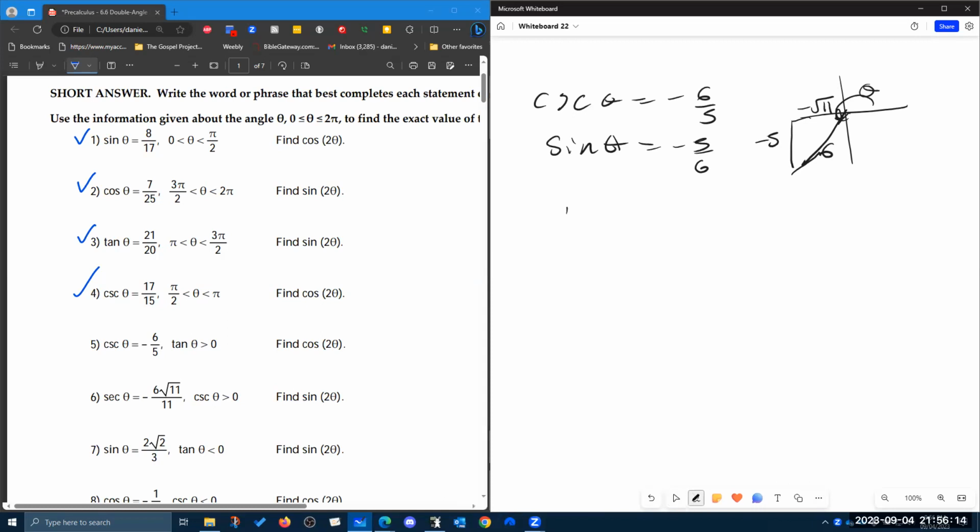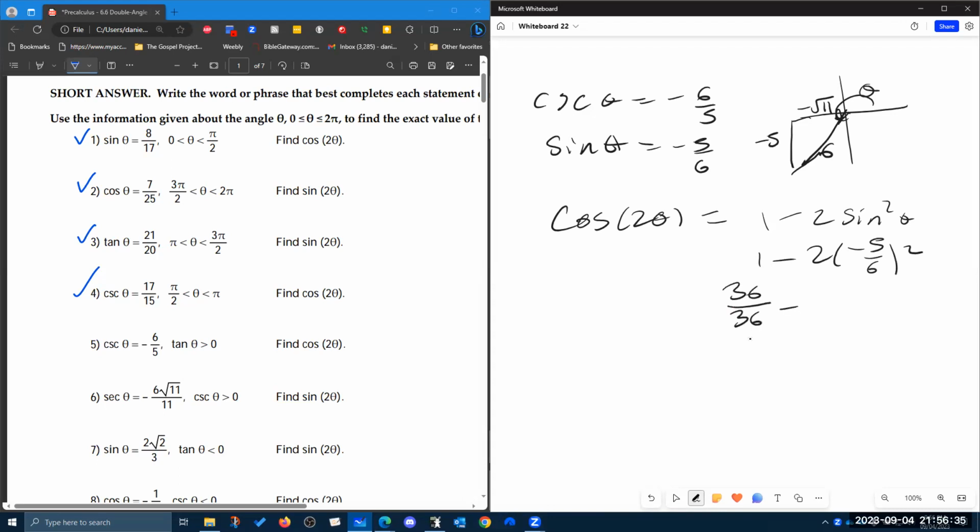And we want to find cosine of 2 theta, which is going to be 1 minus 2 sine squared theta again. 1 minus 2 times negative 5 over 6 squared is 36 over 36 minus 2 times 25 over 36. It's going to be 36 minus 50 over 36, which is a negative 14 over 36, a negative 7 over 18.